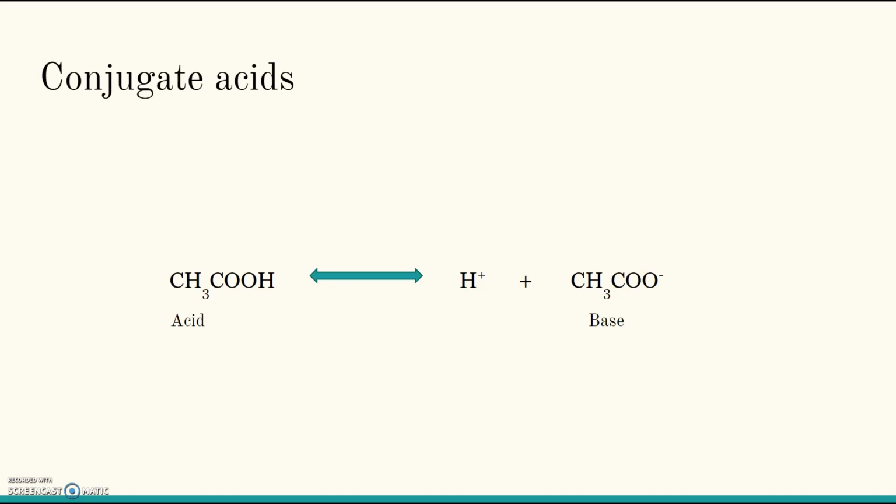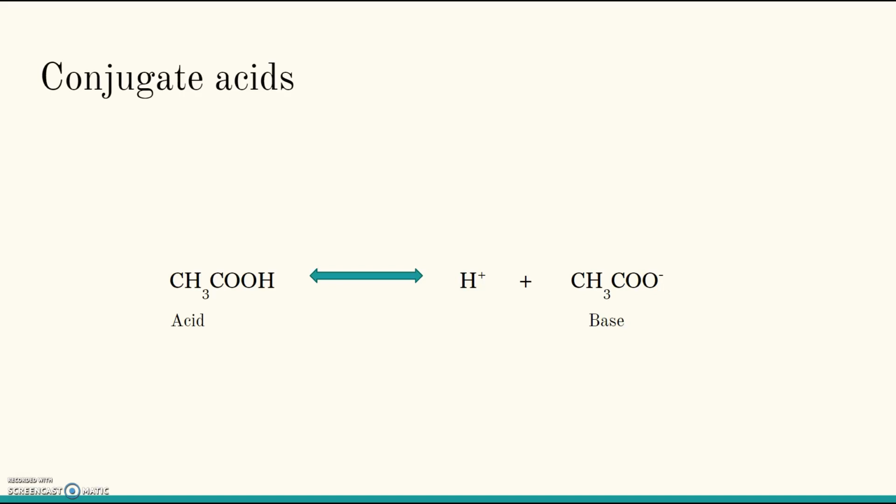This conjugate base in this case is called the acetate ion. This acetate ion could theoretically absorb the hydrogen and put it back into acetic acid. And when we say conjugate acid and conjugate base, all that we're looking for is the opposite.